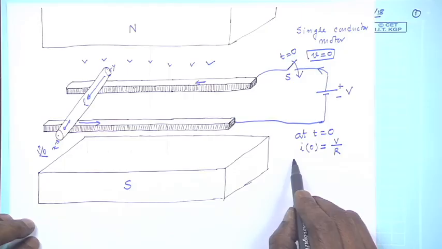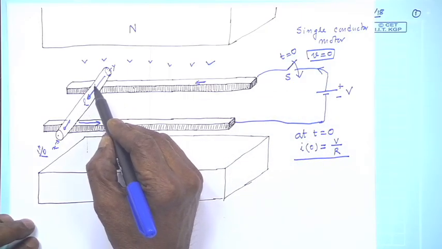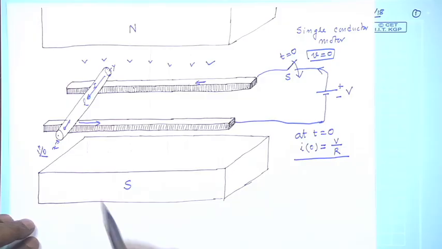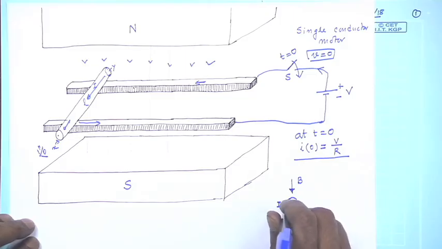This was the situation. But the moment this conductor carries current I in the direction shown, this diagram, if you look from this end, can be simply drawn in this fashion. This is your I dot, from the end x I am looking at it, and this is the direction of B, and the length is perpendicular to the board.